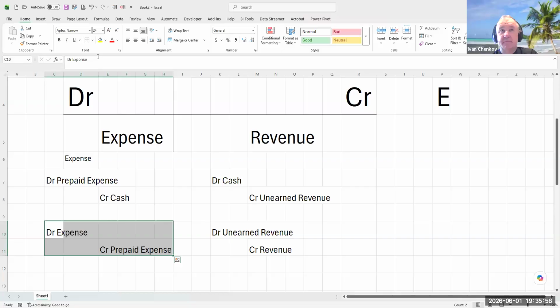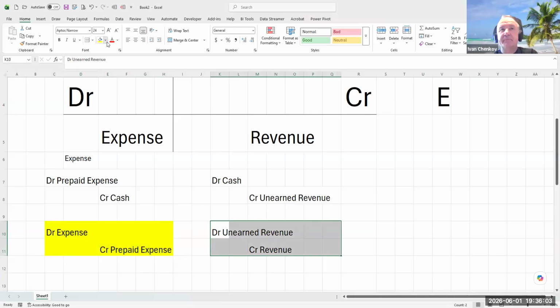Let me show you exactly. This one is the adjusting entry, and this one is the adjusting entry. In the first one, we're moving asset into the expense. In the second one, we're moving liability into revenue.